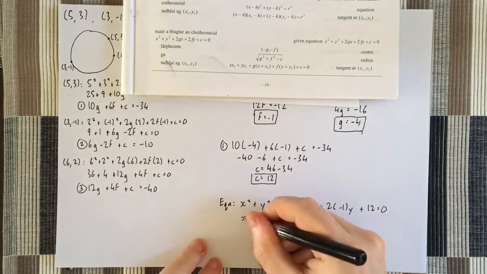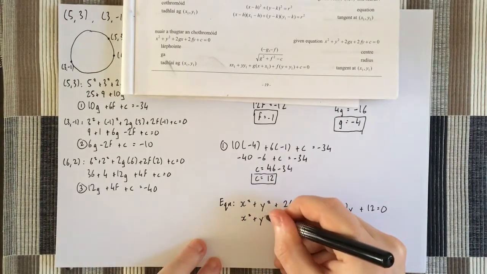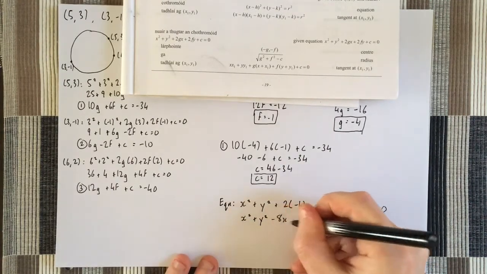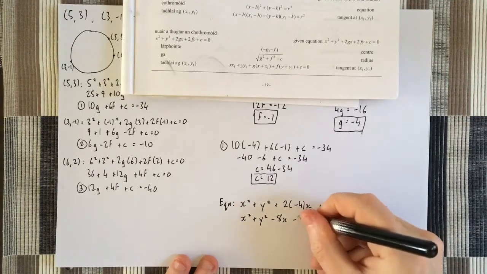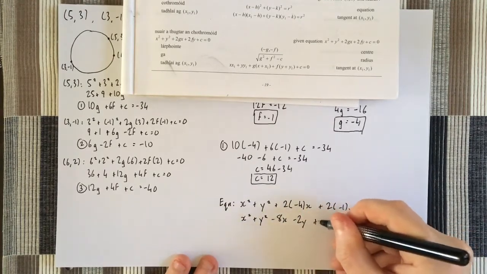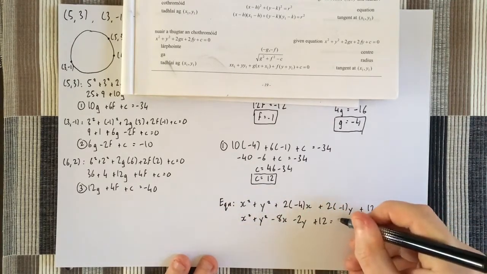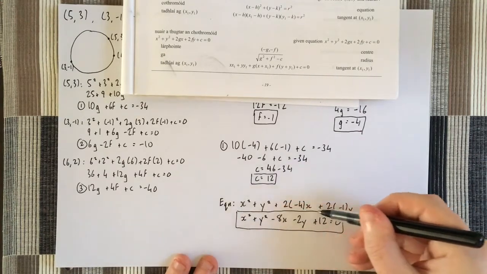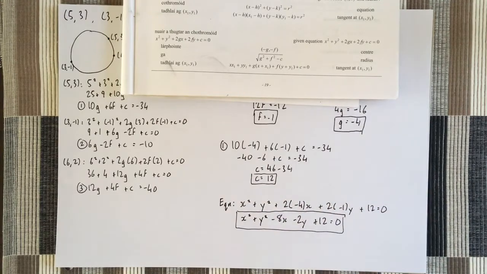So you want x's and y's in your equation, remember. 2 times minus 4 is minus 8x. 2 times minus 1, minus 2y, plus 12 equals 0. And there's the equation of your circle.